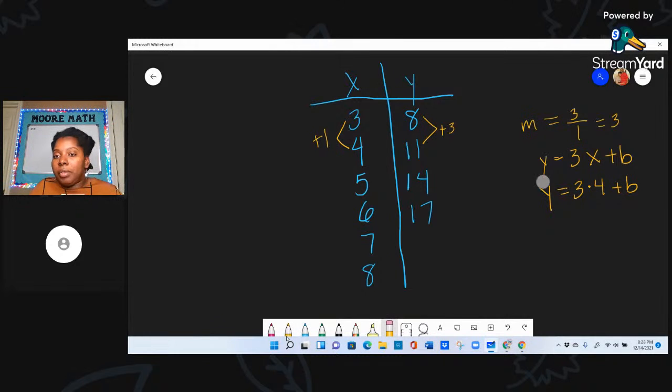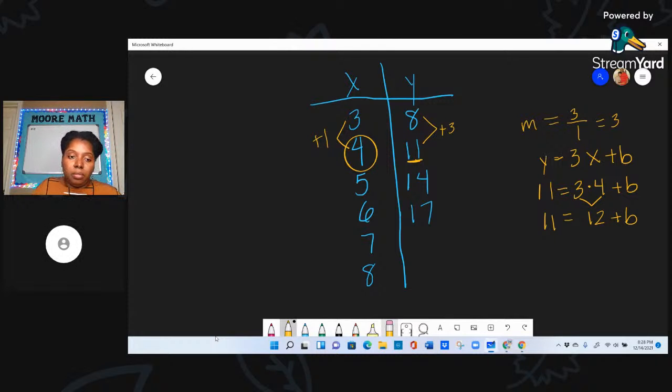Because you can plug that in right away. When x is 4, what's your y? 11. Yeah. Okay. So keep going. 11 equals 12 plus b. Good.